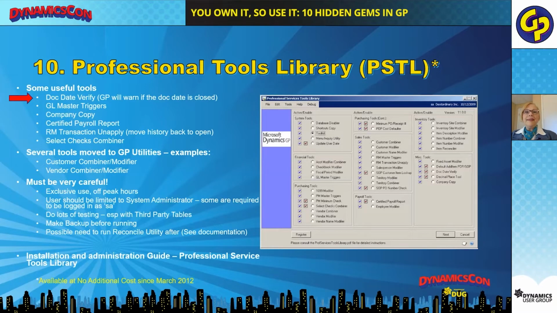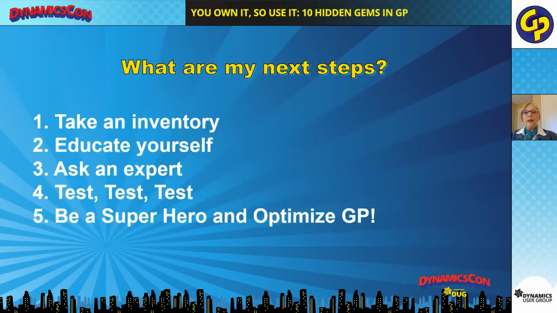So what are your next steps? So one, take an inventory, look at the capabilities guide, get your list of what is installed, what do you have access to, and educate yourself. I mean, it's great. Your Dynamics partner can assist you. You can go to some training like Amber Bell, who's doing some of these sessions. She can train you, or you can go out to some of the Dynamics user group videos from past DynamicsCons.